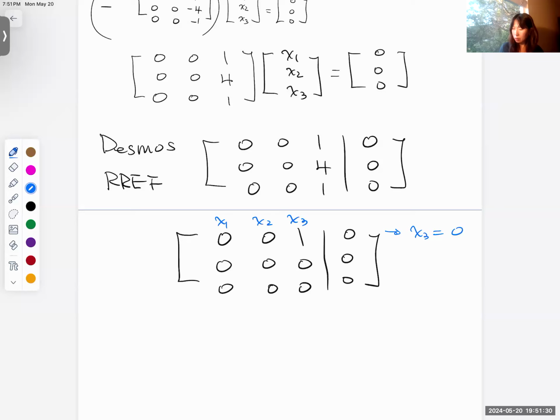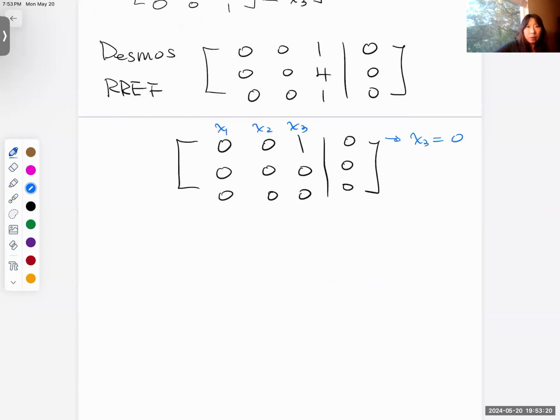Yes? But then we cannot have the eigenvector as 0, right? So we have 0 equal to 0, which is a true statement. We pick anything for x of 1, x of 2, since we have x of 3 equal to 0.